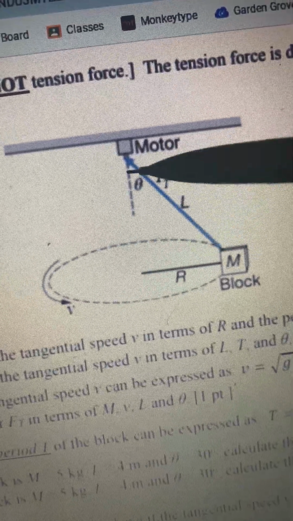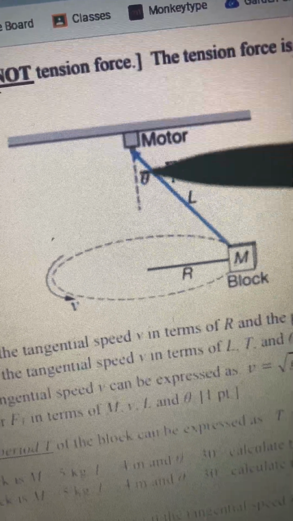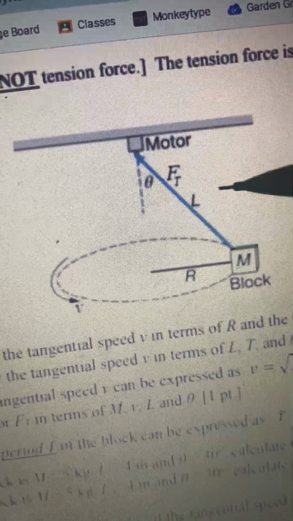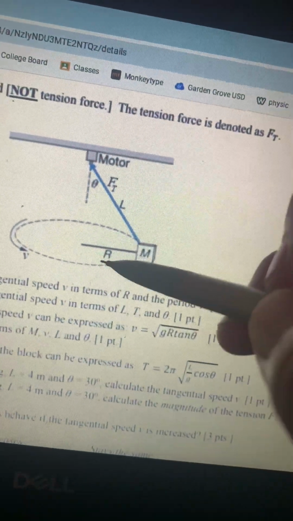It's the same thing as the Ty, and Ty is adjacent to theta, so it's adjacent over hypotenuse. From there, after we set Fc equal to Ftx, we also know that Ft times sine theta is the same thing as Ftx, because Ftx is the opposite of theta.